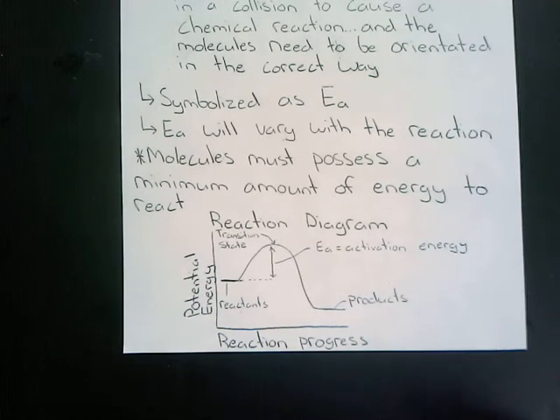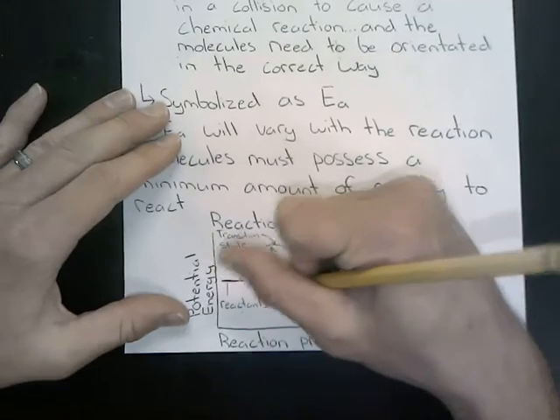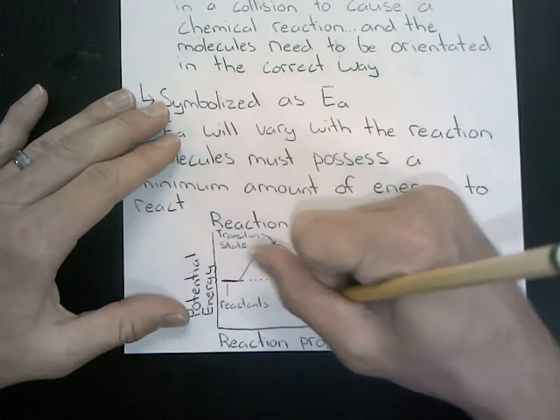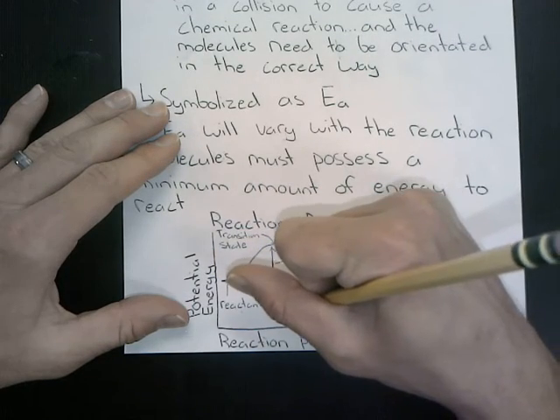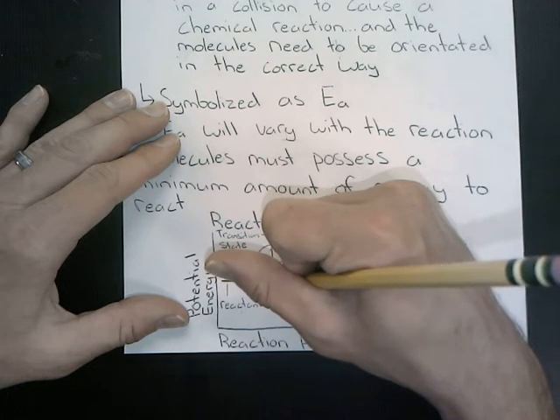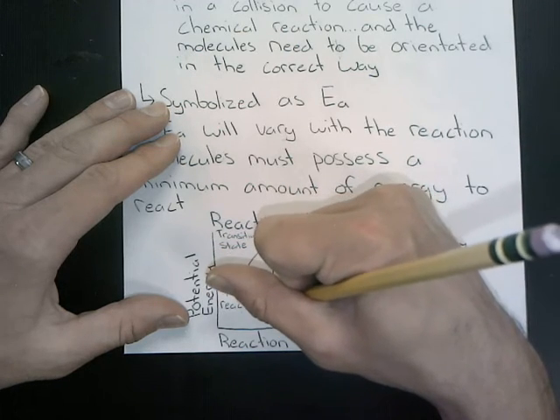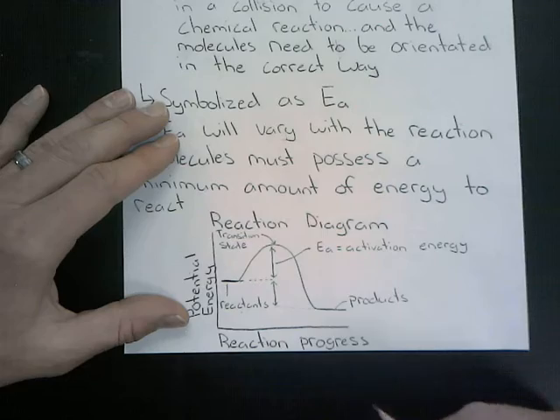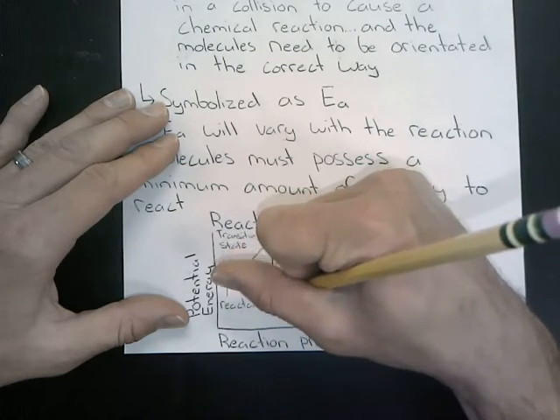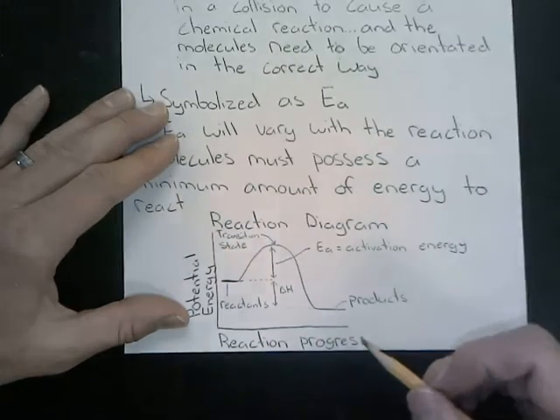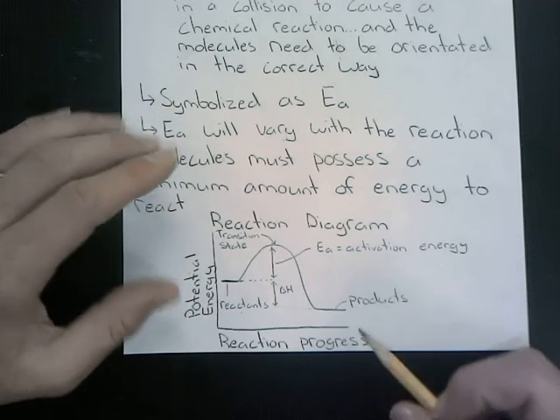One other thing to talk about is the difference in height between the reactants and products. This second arrow that I'm drawing below is the enthalpy change that occurs during a reaction.